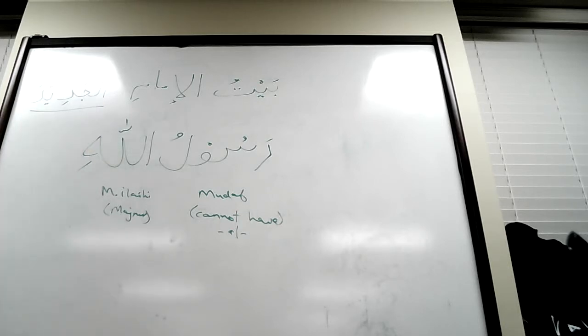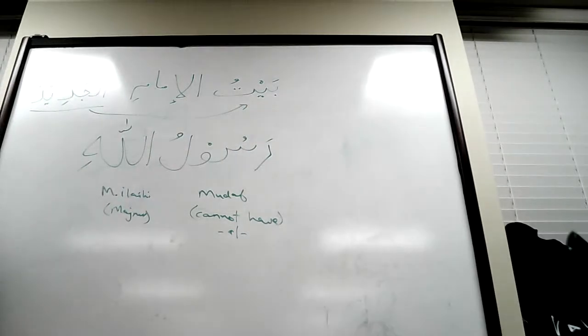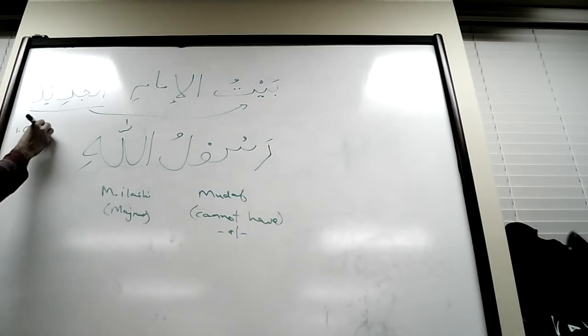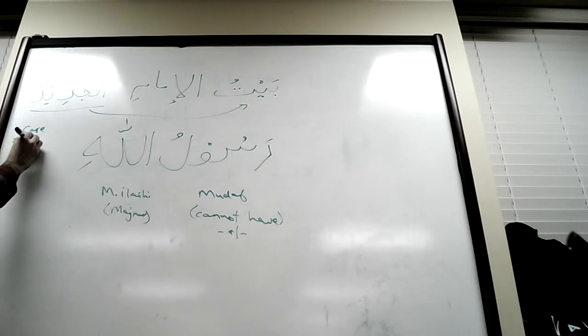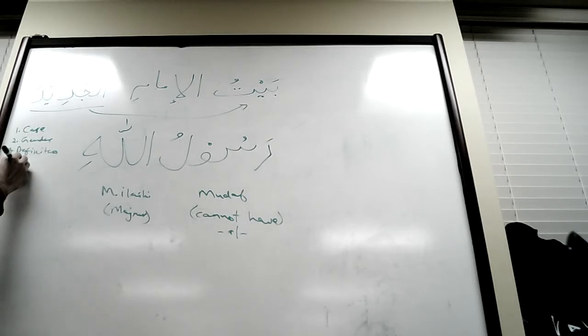Okay. So what is al-jadid describing? The house, right? So the al-jadid is describing the house. Basically, it's an adjective for the word house. So we said the adjective has to agree with the thing that it's describing in 4 ways. One of them is case. One of them is what? Gender. What is the other one? Definiteness. And the other one is plurality, right?